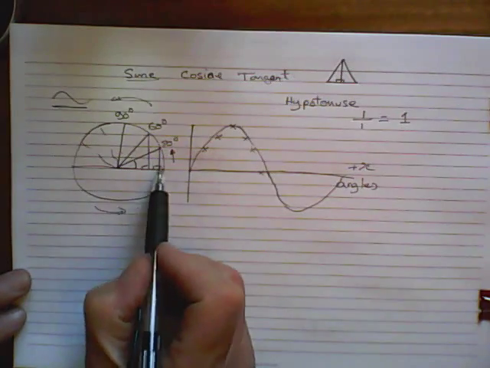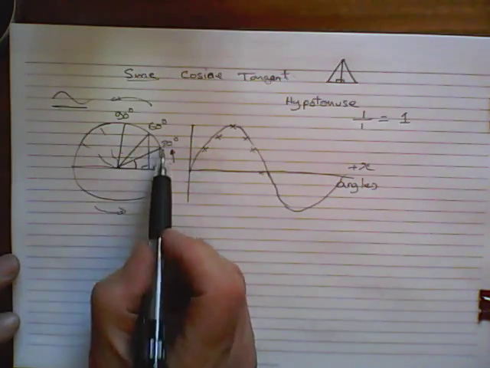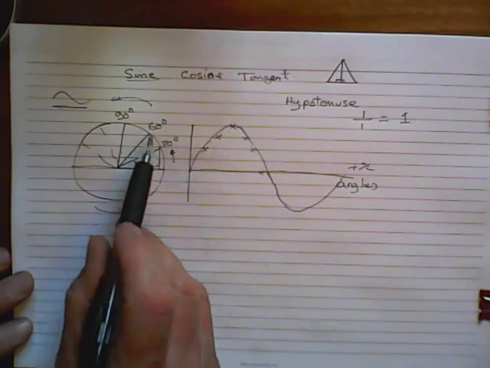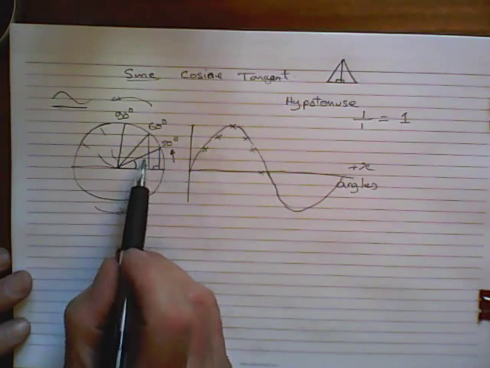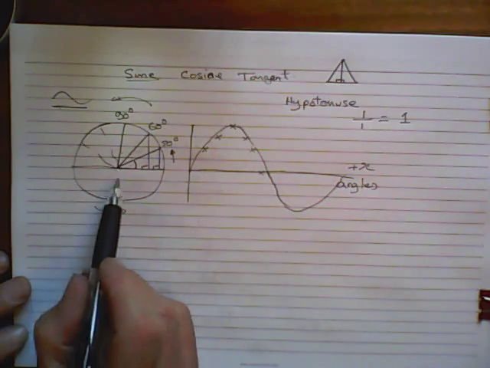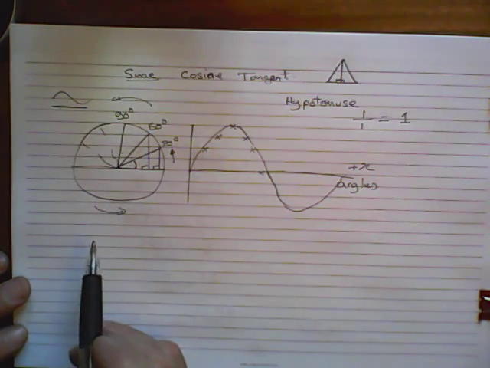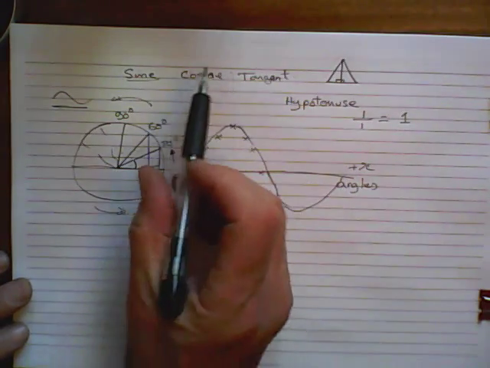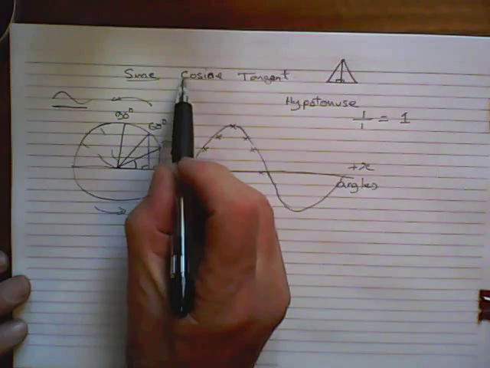In these circumstances, at 30, 60, 90, or anywhere in between, 45, 22, I don't care, any place in between, from here to here, yes, you can draw a triangle, but you certainly can't draw a triangle at 90 degrees. Equally, you can't draw one at 270 degrees. So far, so good. Now, let's have a look at the cosine.